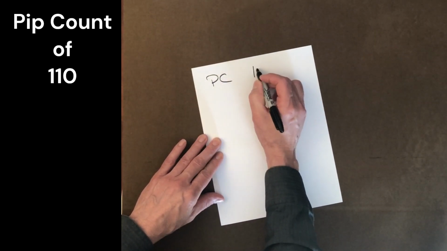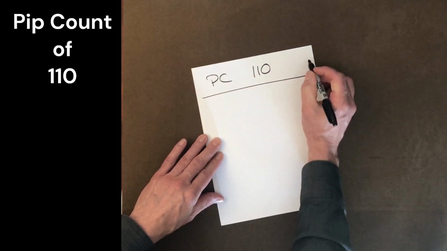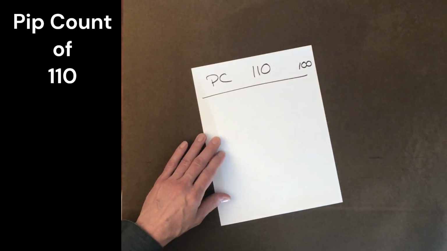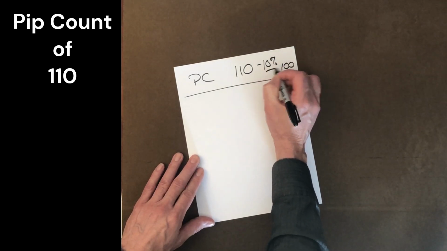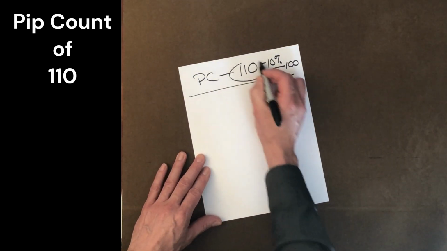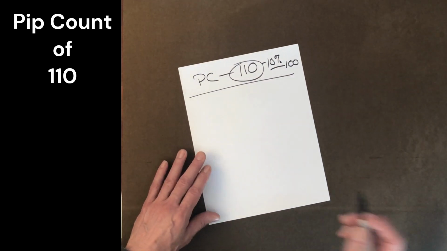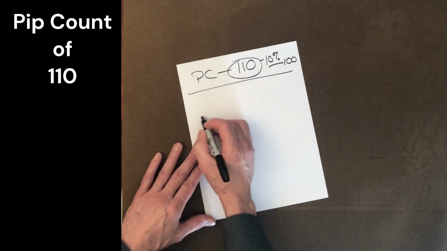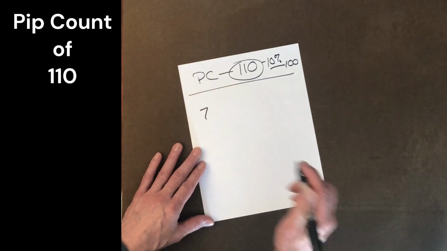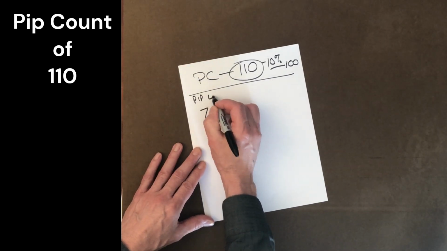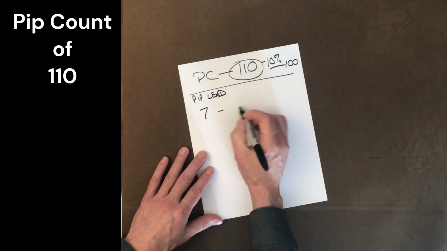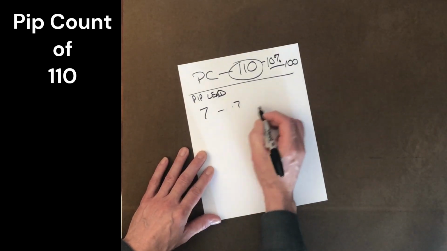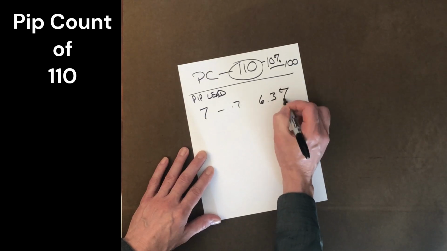We have a pip count of 110. Our target's 100. We're going to minus 10%. So we have a pip lead of 7. We're going to subtract 10%. So we're going to subtract 0.7, 6.3%.